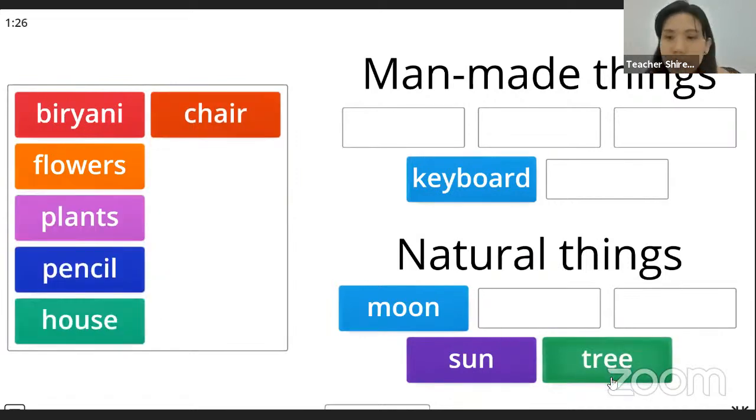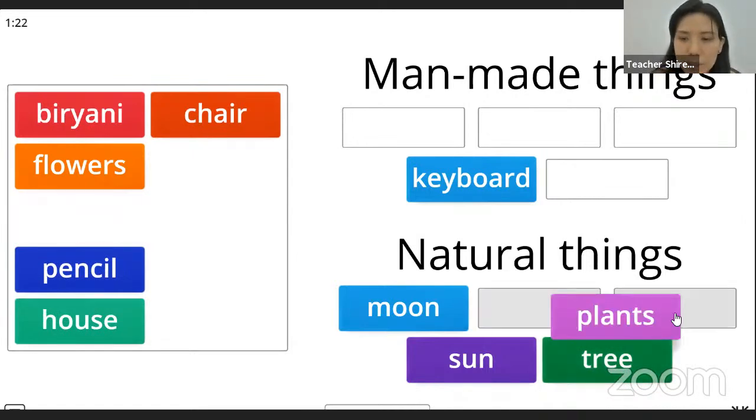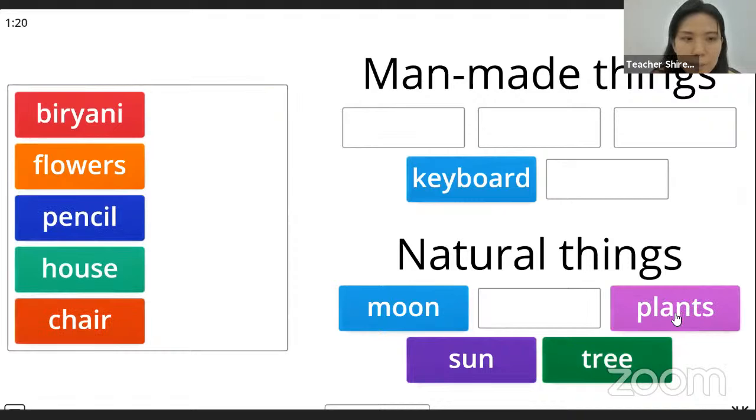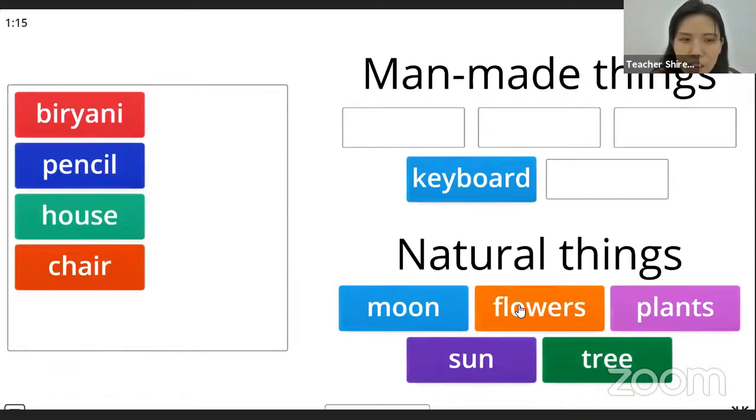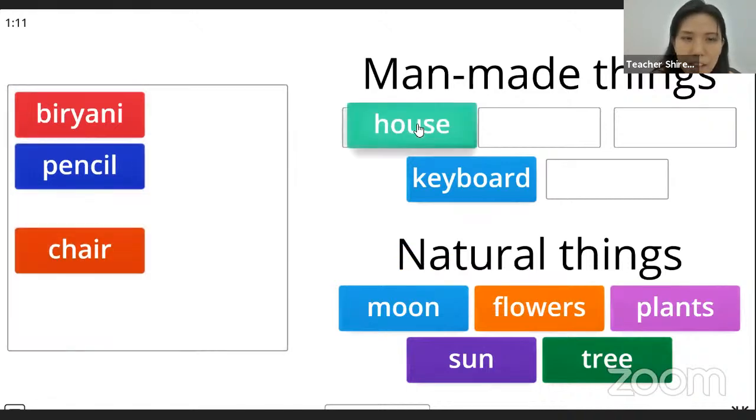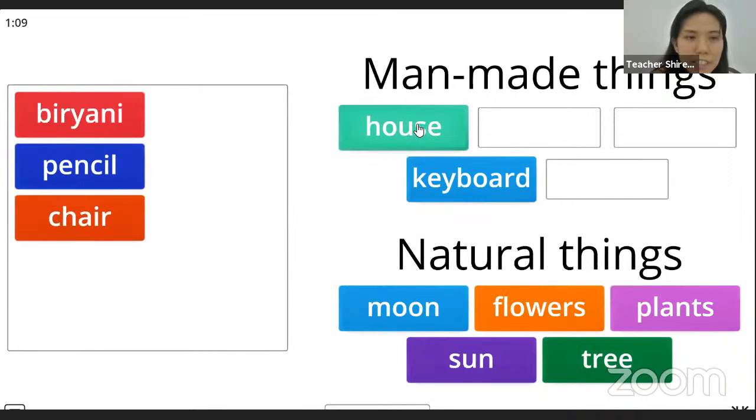Tree, yes, you see trees everywhere from Mother Earth. Plants, awesome. Flowers, good job. House is man-made.